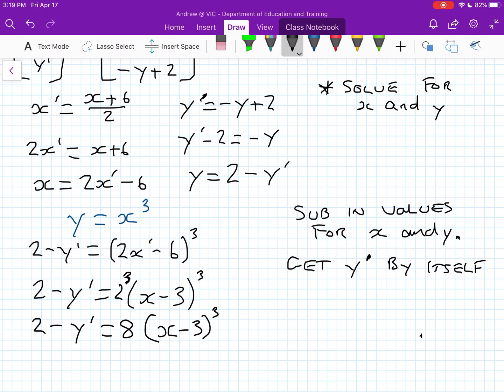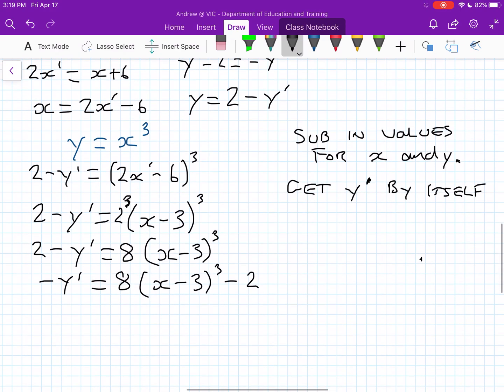And then we just need to get y' by itself, so then this becomes negative y' is equal to 8(x minus 3) cubed, and then we had to minus 2. Then we just need to multiply it all by negative 1. So y', all I'm going to do is put the 2 out the front because that becomes negative 2 to positive 2, and then we need to minus all of this together.